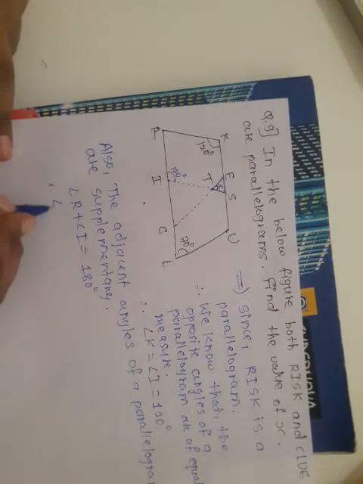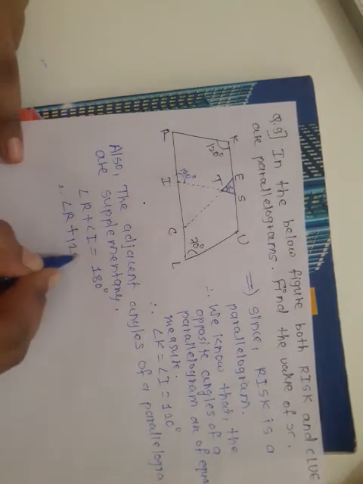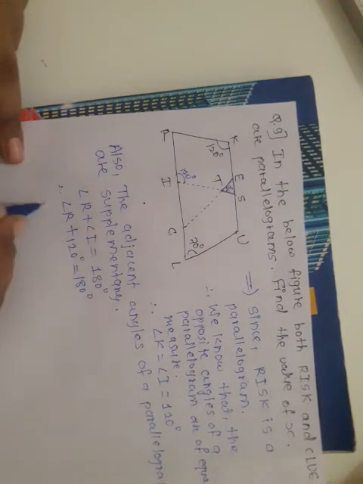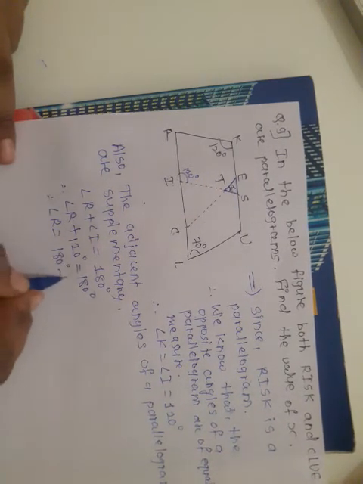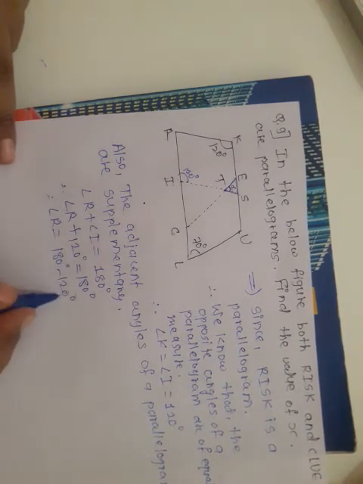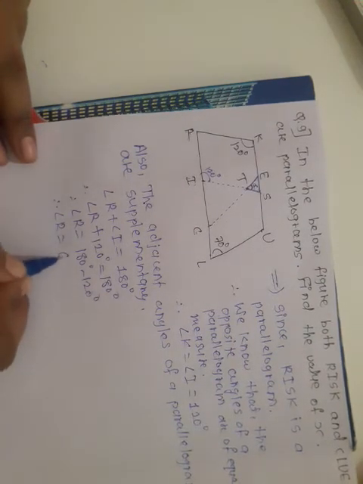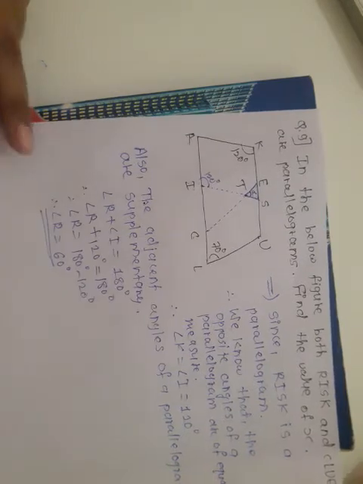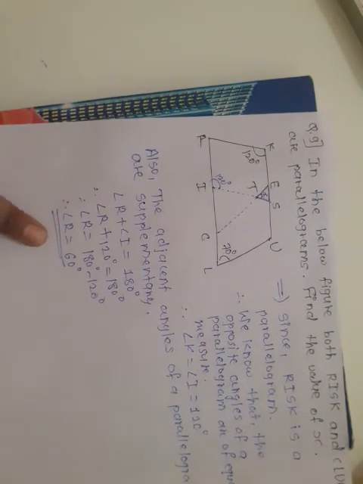Angle I is known to us, therefore we can easily find angle R. Angle R plus 120 degrees is equal to 180 degrees, and therefore angle R is equal to 180 degrees minus 120 degrees. We transpose 120 to the right-hand side, it becomes negative, therefore angle R is equal to 60 degrees.